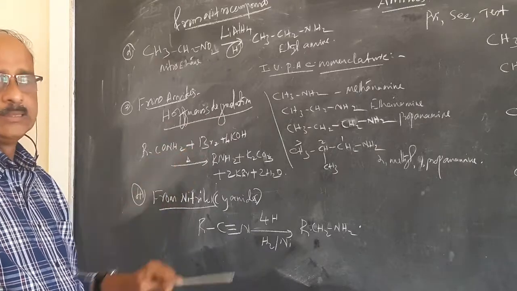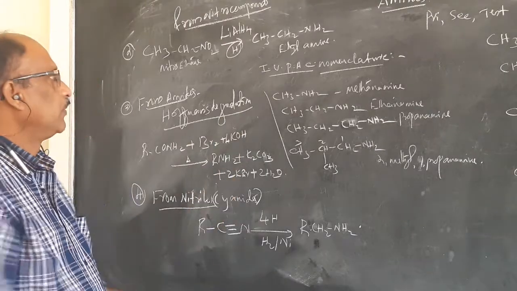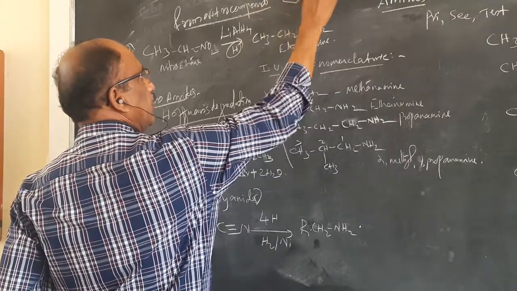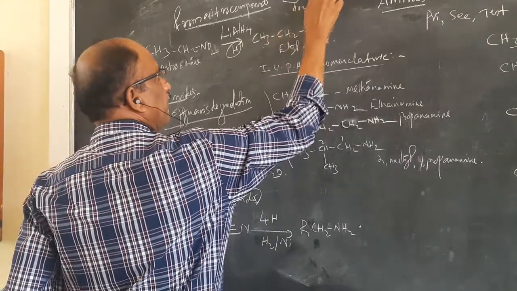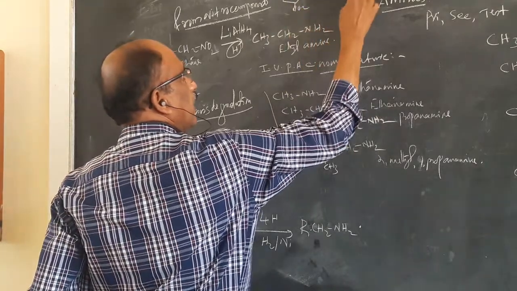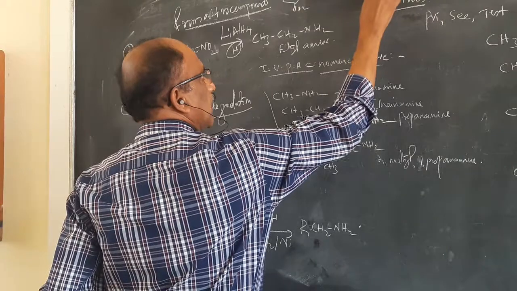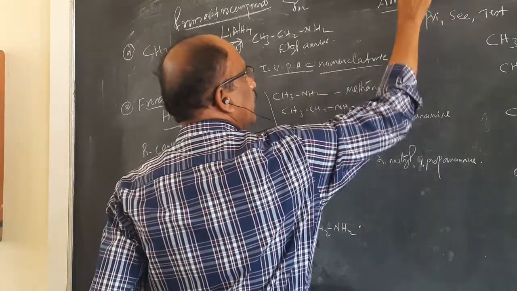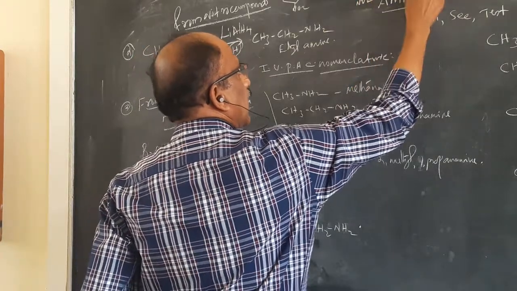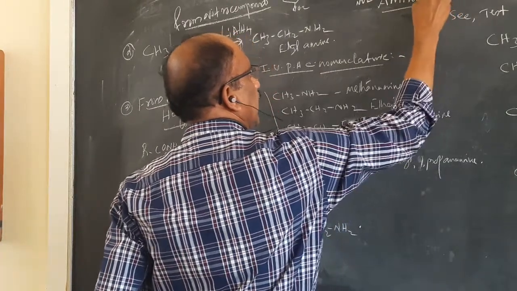But this reaction can be done with the help of different reducing agents. Suppose you want to reduce a compound like this, meta-dinitrobenzene, with the help of hydrogen and nickel. First you will be getting NH2 and NO2, and the reaction can be continued, and both the groups will be reduced to NH2.